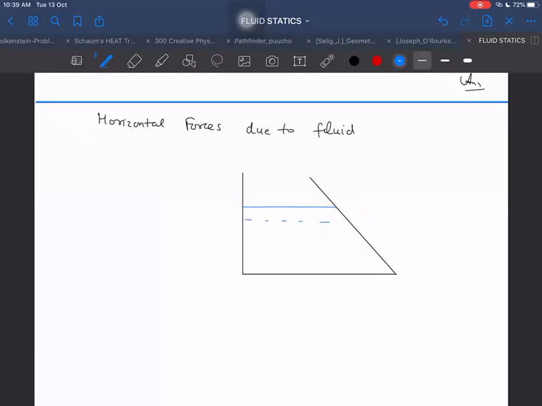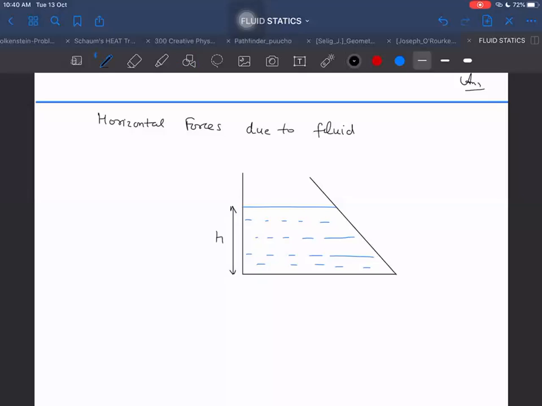Can you find it out? What is the horizontal force on the right side wall, or on the left side wall? Can you hear me? What is the horizontal force on the left side wall and the right side wall?